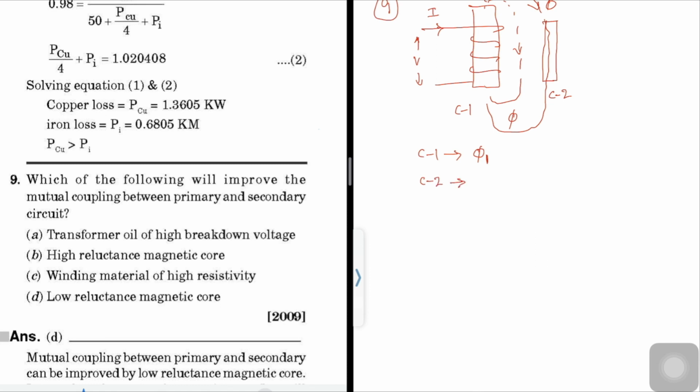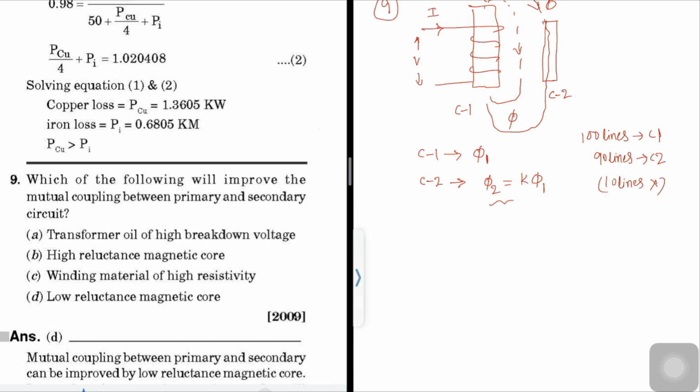The flux linked with the core 2, that will be phi 2, that will be some k into phi 1, because suppose there are 100 lines of flux coming from the core 1, then there is a chance that 90 lines of the flux will be linked with core 2 and 10 lines will not be linked with core 2, right?